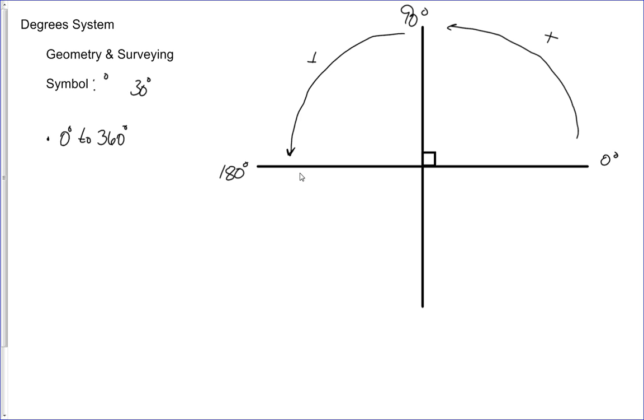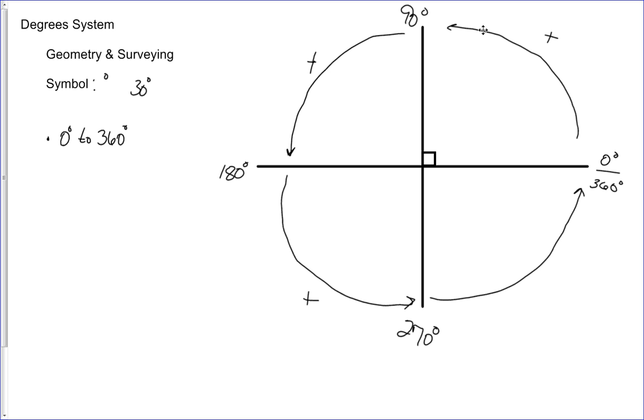Still going in the positive direction, straight down is 270 degrees. And winding back up at 0, we're at 360 degrees. So that is a full rotation.